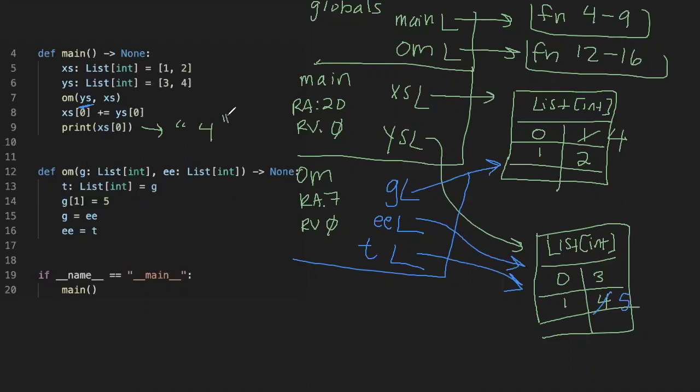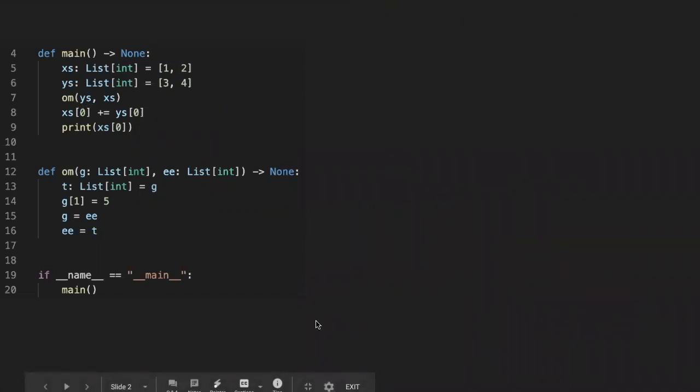All right, so that is that one. The main concept we were getting at here was showing you how we can send 2 lists into a function call and have them update the same references on the heap that we set up in the main call. All right, let me erase this. Okay.